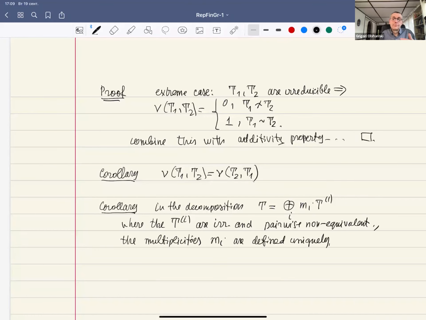So if you have any other decomposition, the multiplicity should be the same.